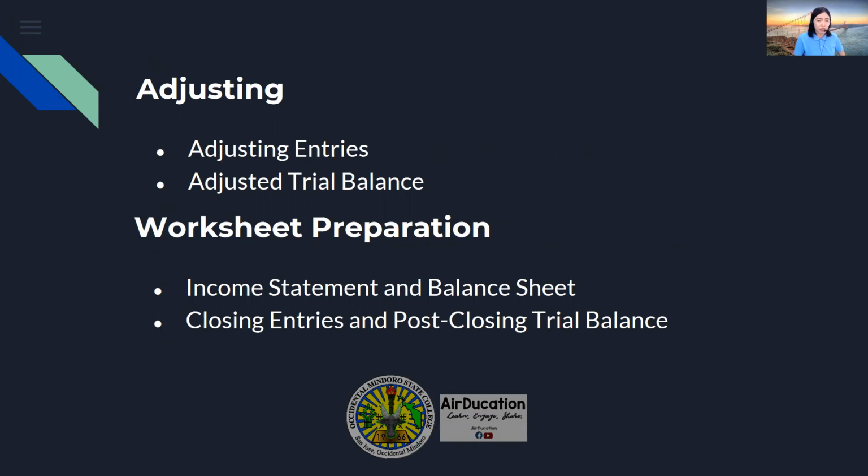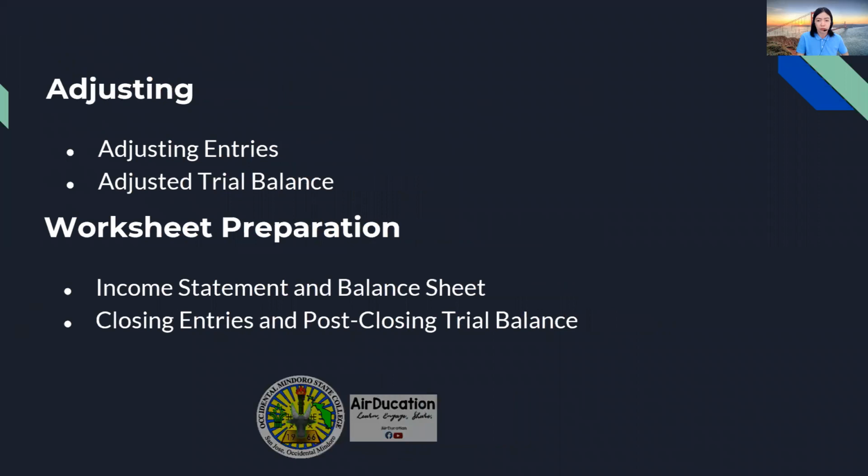Aside from the two financial statements given here, because these are the only financial statements included in the worksheet preparation. But if we are going to prepare a detailed financial statement, we need the four that I have mentioned before: the income statement, statement of changes in equity, statement of cash flow, and the balance sheet or the statement of financial position.